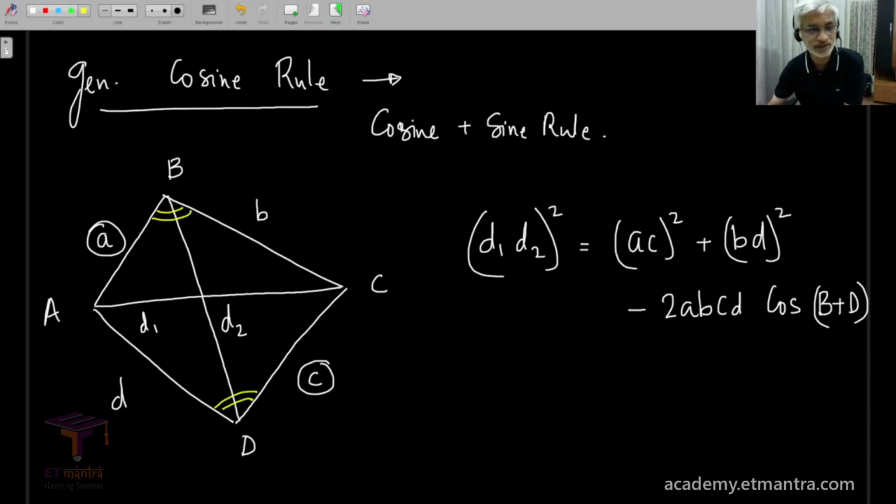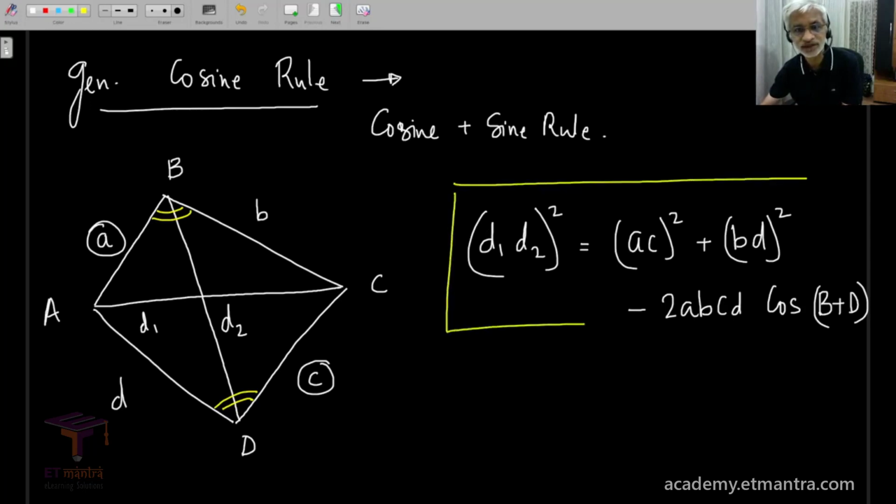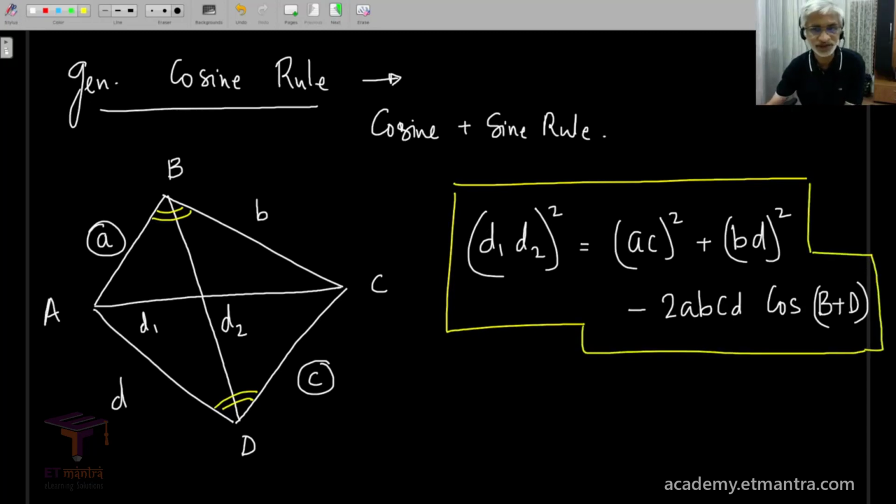It doesn't matter which pair of opposite angles you use; you could also say A plus C. So this is the generalized cosine rule for the quadrilateral, and slight manipulations of this formula, which is very easy to remember, are going to give us a series of extremely useful formulae.